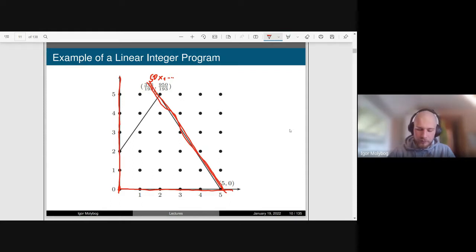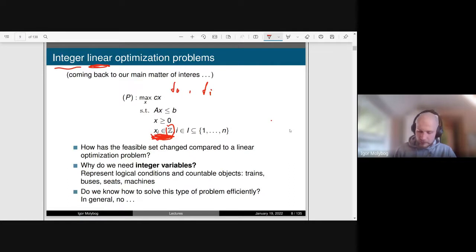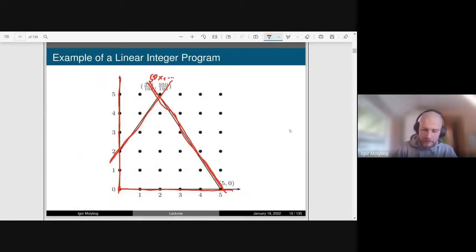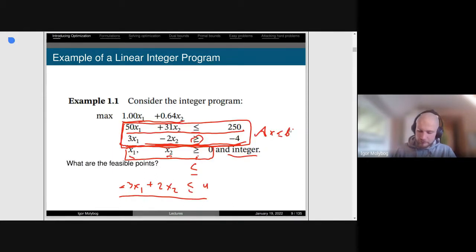And also, we can draw another line, which is 3x1 minus 2x2 equal to -4. It's over here. Again, I substitute 0 at this point here, and I ask if it satisfies this inequality. 0 minus 0 is 0, and 0 is greater than or equal than -4.